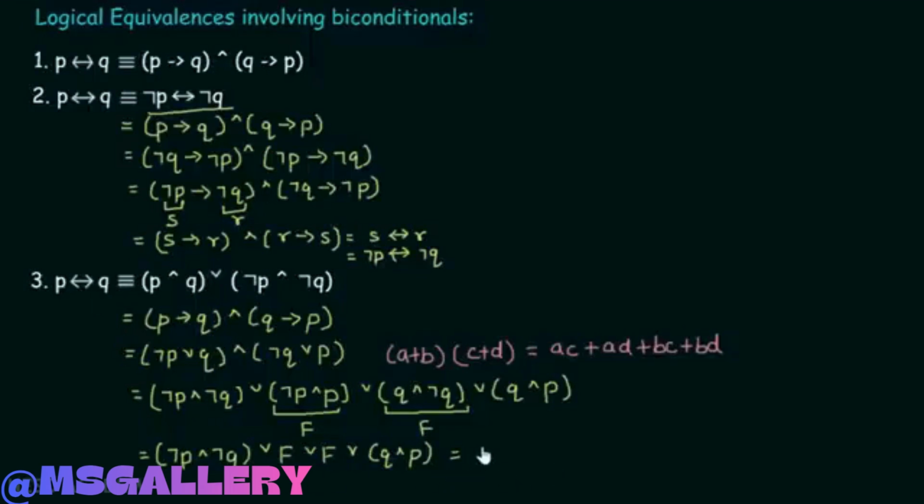So this is equivalent to not P and not Q, or Q and P. According to the commutative law, we can write Q and P as P and Q. Not P and not Q, or P and Q. And this is what we are getting finally, right?